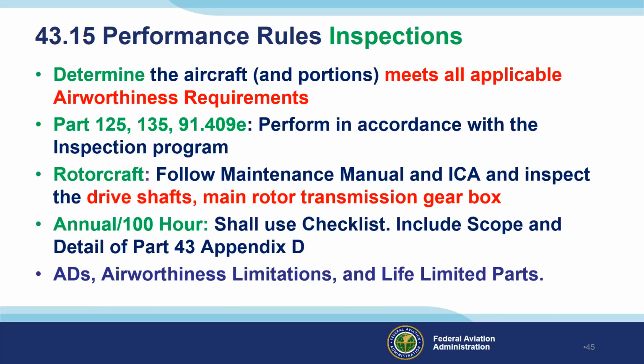And on an annual or 100 hour, it says you shall use a checklist, and it must include the scope and detail of Part 43, Appendix D. And since you have to make sure it meets all applicable airworthiness requirements, you're also going to have to make sure there's no applicable ADs or airworthiness limitations, and make sure that life-limited parts have not reached their life limit.